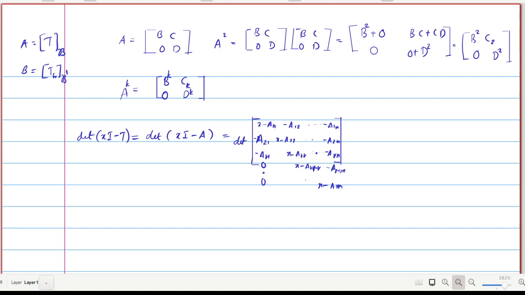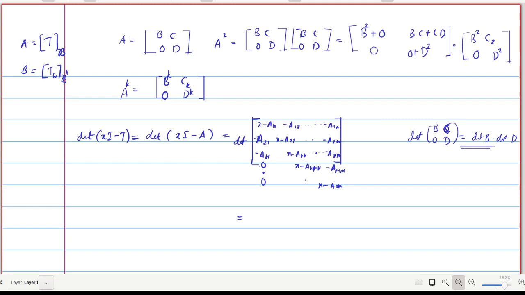We write this matrix in block form. We already discussed that the determinant of the block matrix B, C, 0, D is the same as the determinant of B times the determinant of D. In the 5th chapter we have discussed this result.